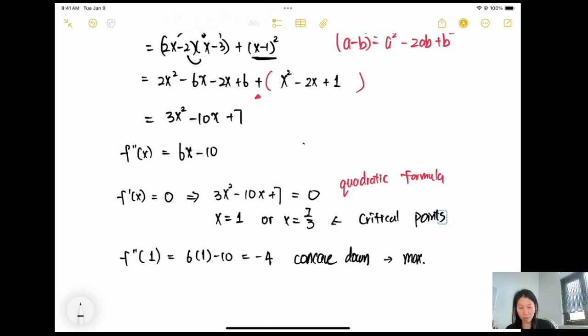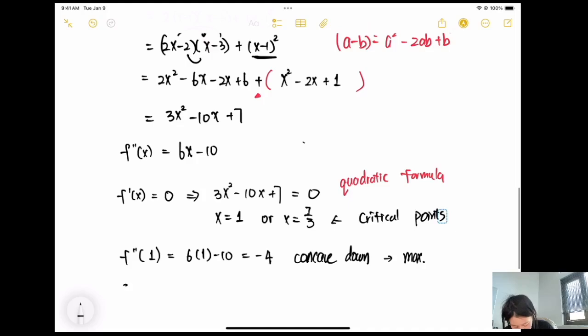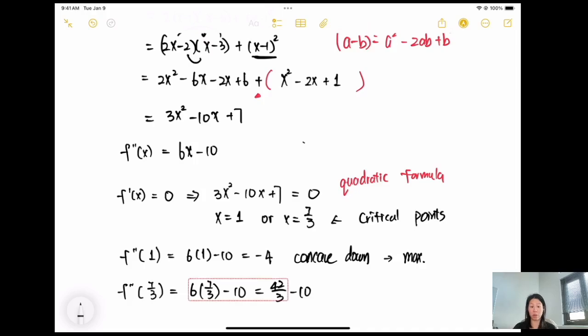All right, now we plug in the second point. So now plug x equals 7 over 3 into the second derivative. I have 6 times 7 over 3 minus 10. I have 14 minus 10. Now let's do a very quick review of how to do a fraction operation. First, we need to find the common denominator.